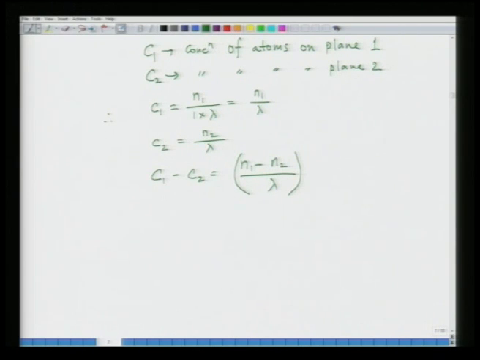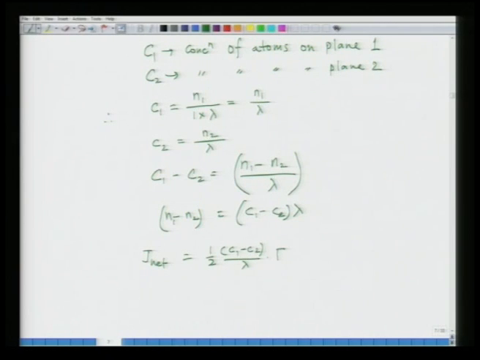Now, n 1 minus n 2 will be C 1 minus C 2 into lambda. As a result, J net will be equal to half C 1 minus C 2 divided by lambda into tau. Okay. So, this is your J net.